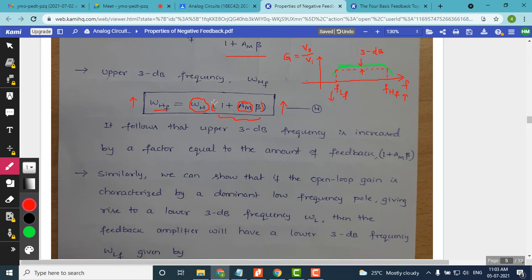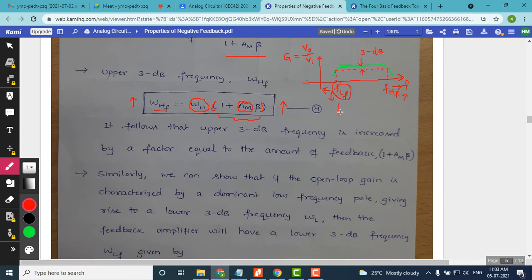We have shown this in terms of omega. There is no difference, you just have to divide by 2 pi to obtain the frequency. So this shows that bandwidth has been extended. Because of the decrease in lower cutoff frequency and the increase in higher cutoff frequency, the bandwidth keeps expanding.